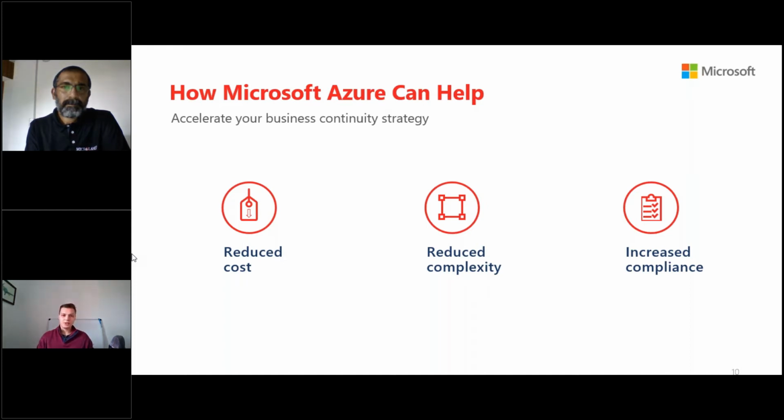Now, in terms of complexity, you can leverage all of the benefits of automation to enable the true power of disaster recovery plans and allow you to fail over your workloads with the click of a button, removing a lot of the work and stress involved with a disaster. Now, this actually enables you to focus on the delivery of the workloads rather than maintaining and setting up that infrastructure.